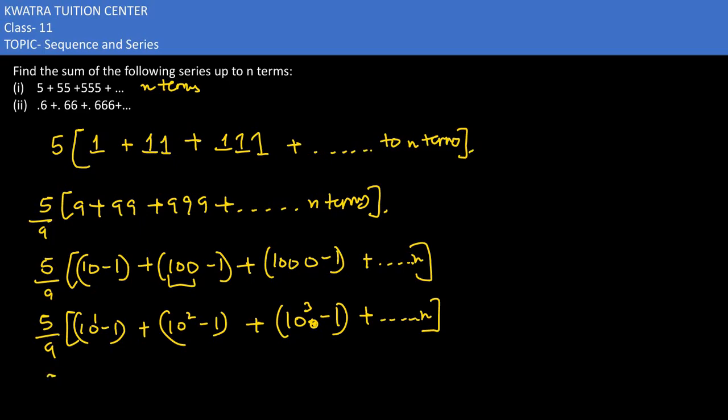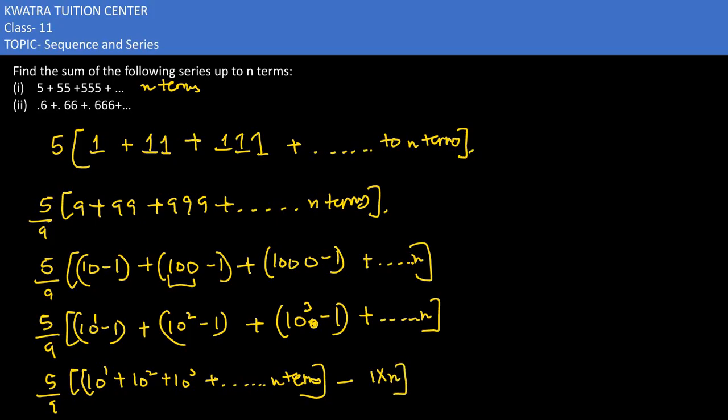So I could write 5 over 9, and in bracket I would write 10 to the power 1, 10 to the power 2, 10 to the power 3, and up to n terms. Obviously 10 to the power n would be there, and last would be minus 1 n times. So I would be multiplying 1 and n in this case. That's n only. So here in this case we will solve it separately.